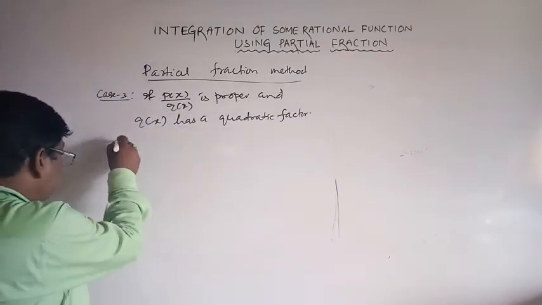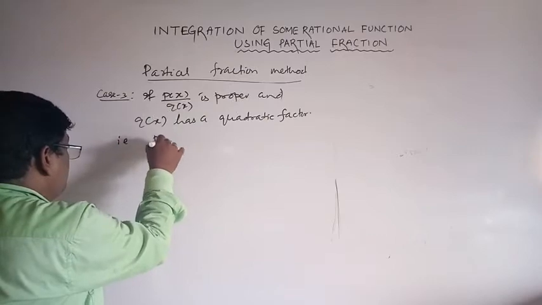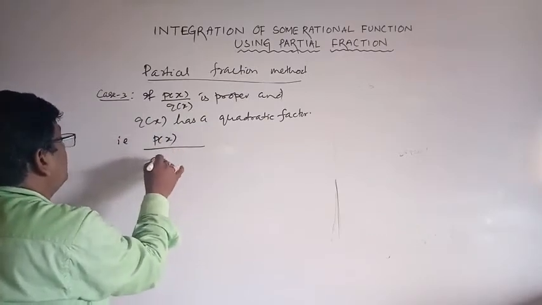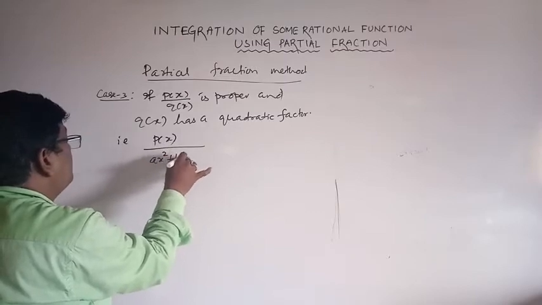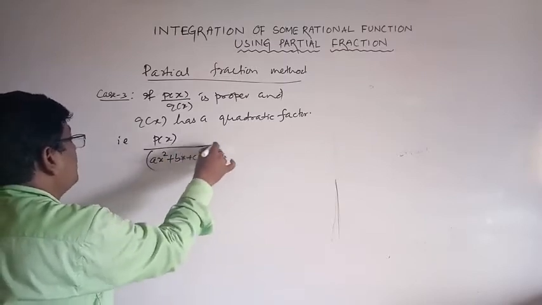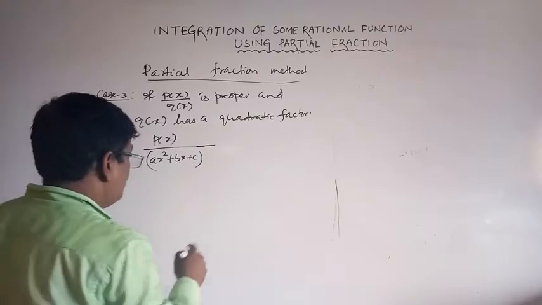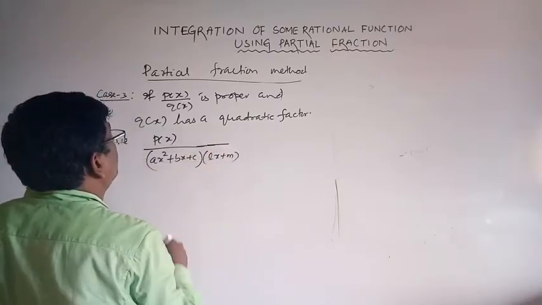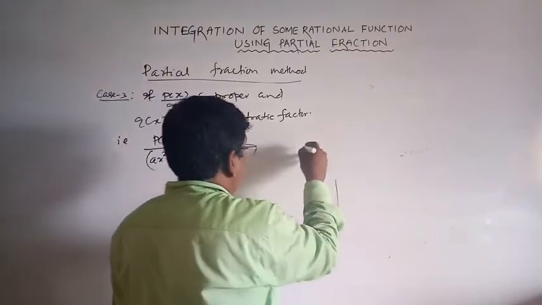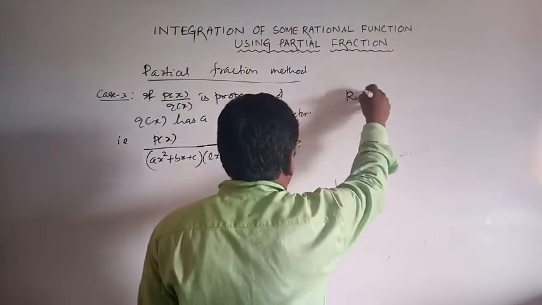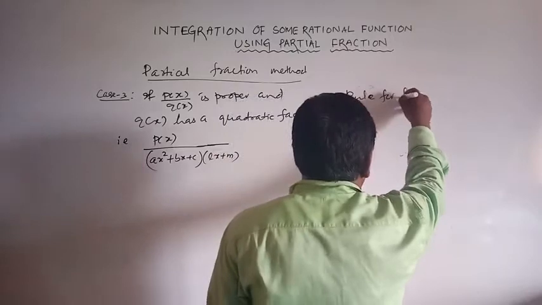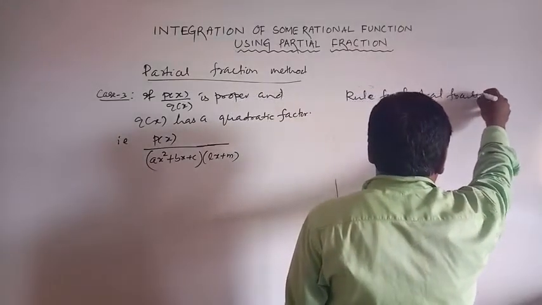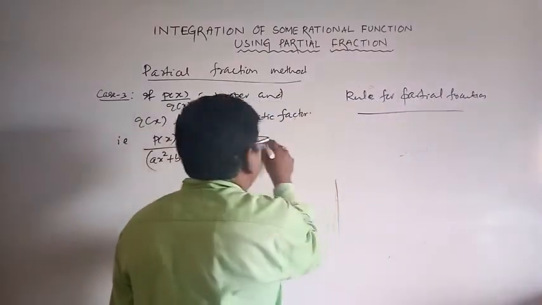That is, suppose you are given p(x) by q(x) with ax squared plus bx plus c, which cannot be factorized, and suppose lx plus m. Then what is the rule? This is the rule for partial fraction.